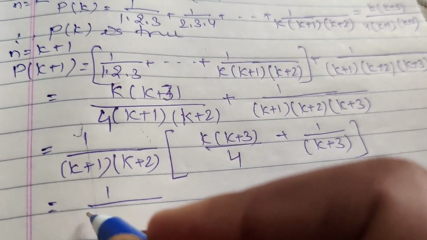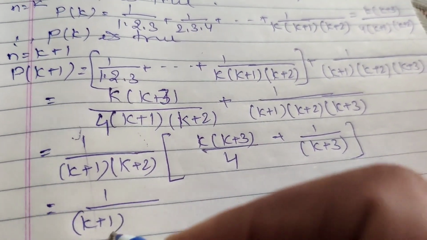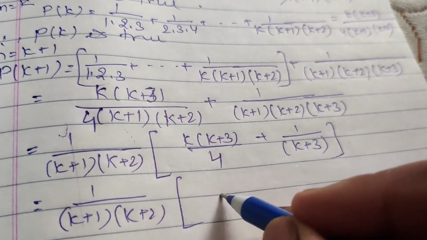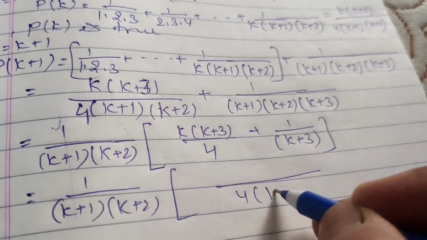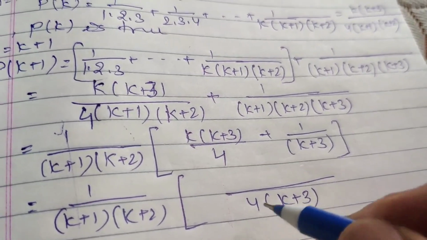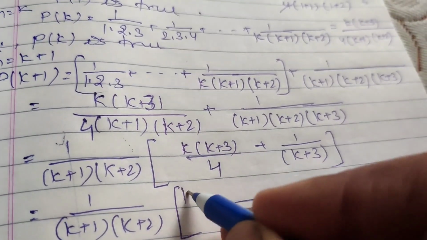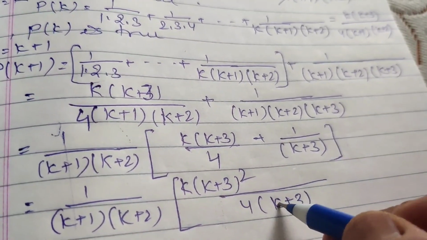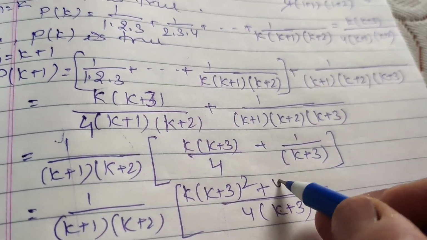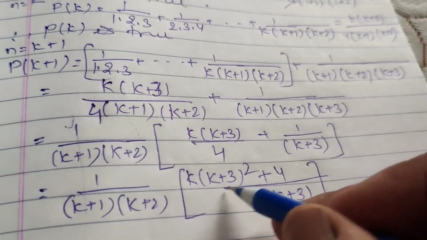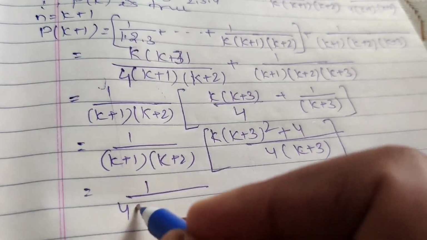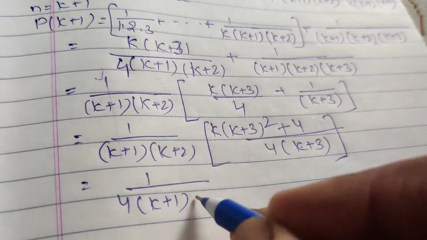Now solve. Take LCM 4 into (k plus 3). The numerator is k into (k plus 3) whole square plus 4. The denominator remains the same.